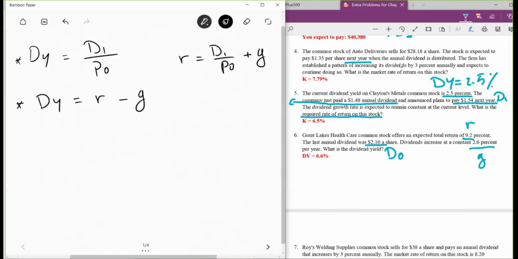So rearranging the formula, I can say that dividend yield equals R minus G. I have both values, so I can say that dy equals 9.2% minus 2.6. So the dividend yield is equal to 6.6%.